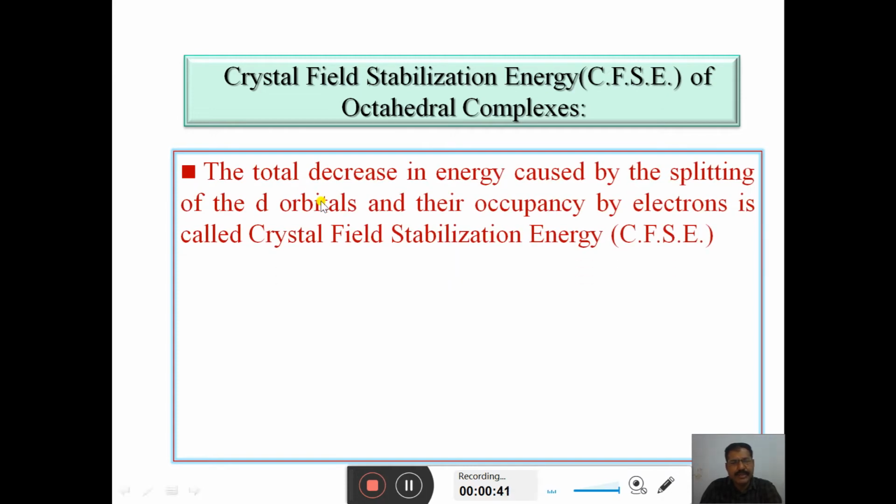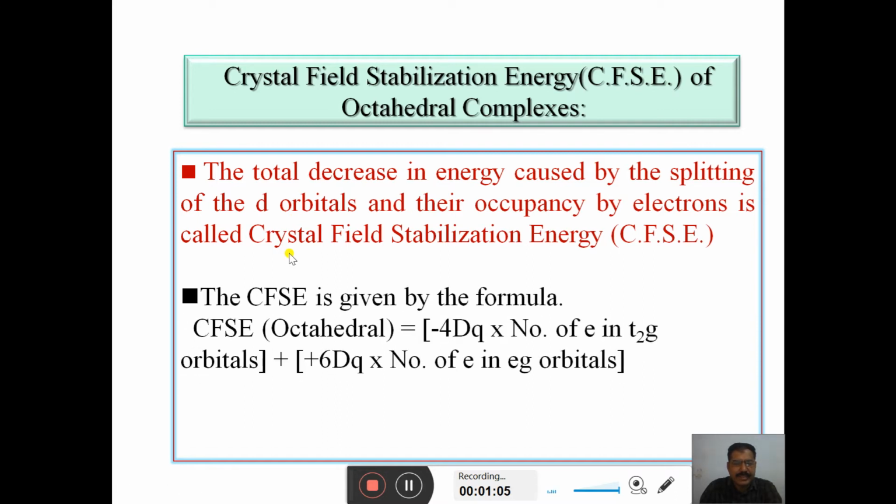How will you define the crystal field stabilization energy? The total decrease in energy caused by the splitting of d orbitals and their occupancy by the electrons is called crystal field stabilization energy. It means the d orbital gets split and that particular complex gets stabilized.